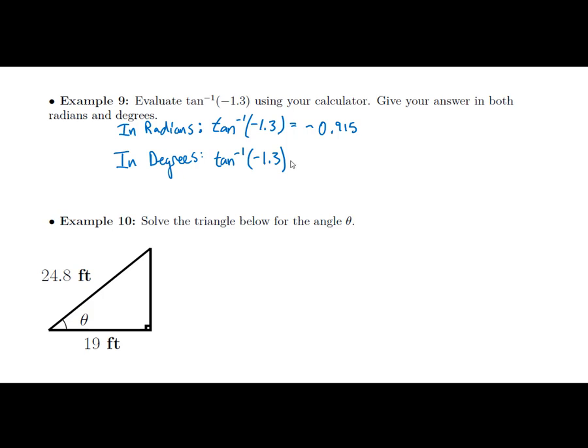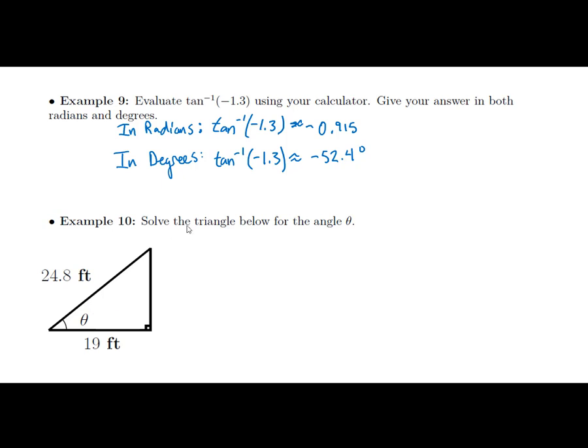And if you tell it you want to be in degree mode, then it's going to give you an angle in degrees. I guess that's approximate. All right, so we can use our calculator to give us approximations of inverse trig functions.